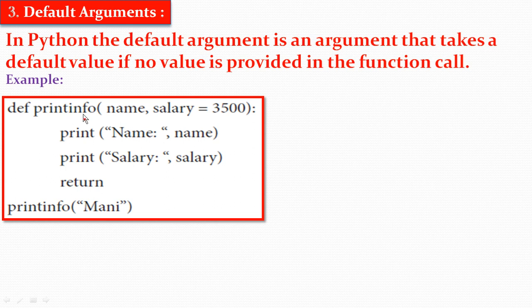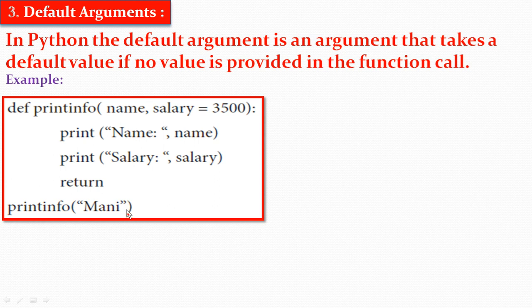This function print info contains the 2 print statements. One is name, another one is salary. Here in the calling section, print info money, one parameter is given. This parameter is matched to the name equal to money, but there is no second parameter given in the calling section.